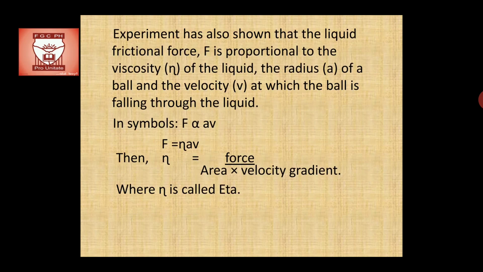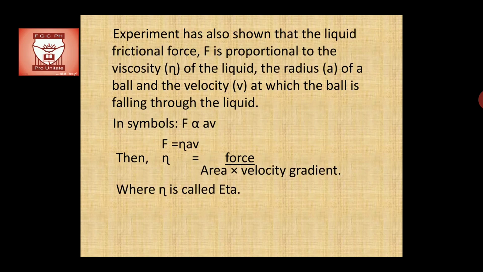We will know the name of that symbol as we move forward. It is also proportional to the radius a of a ball and the velocity v at which the ball is falling through the liquid. Now in symbols, F, that is force, is directly proportional to av, a being the radius as we have written up there, and v, the velocity.